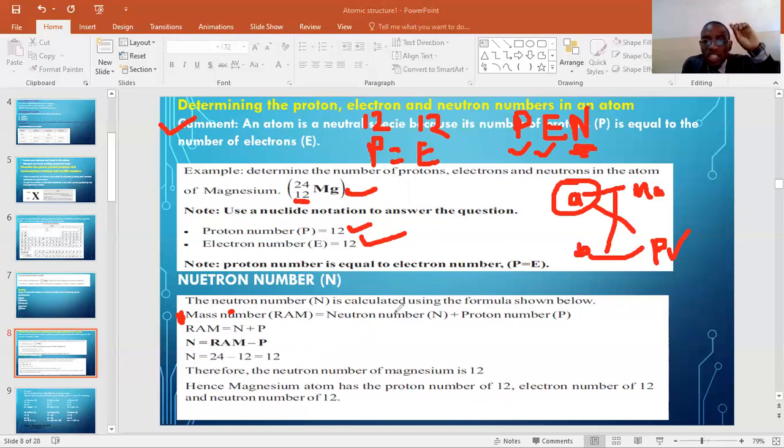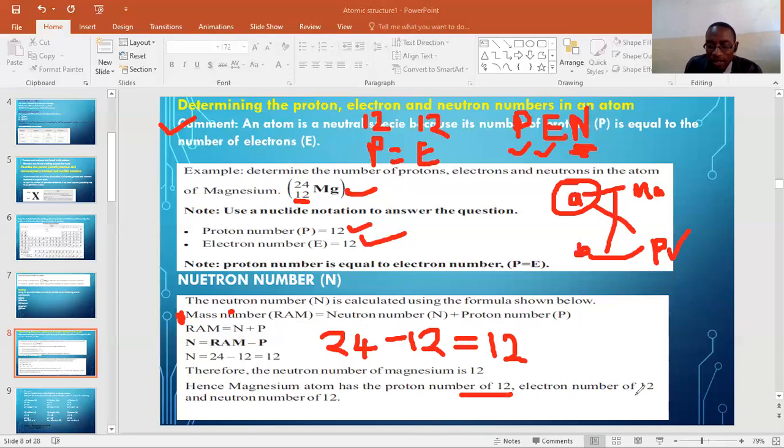So you're using what is on top and you're subtracting what is at the bottom. For magnesium, you're using 24, which is on top, and you're subtracting what is down below, which is 12, and you get 12. Therefore, in magnesium, you have proton number 12, electron number 12, and neutron number 12.